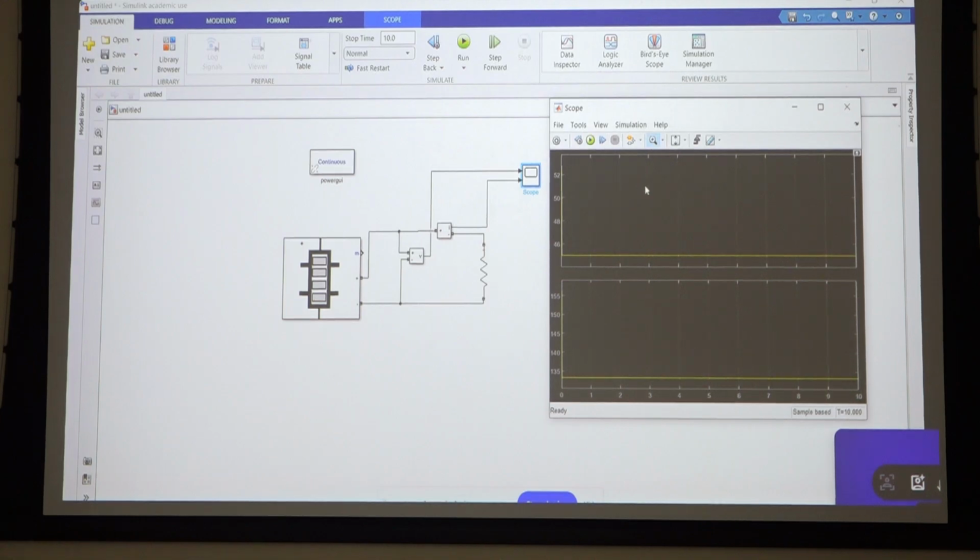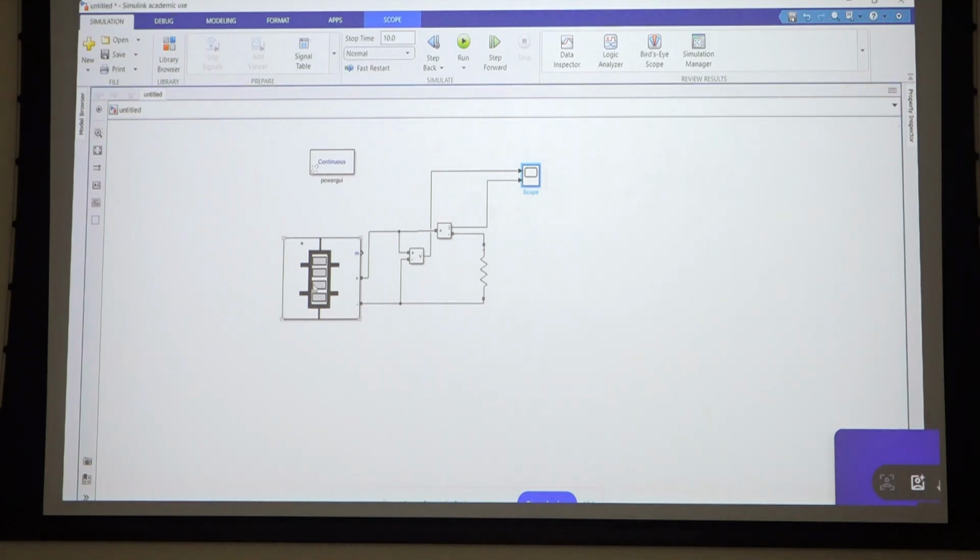If we want to make it bigger, it's the same value. That means the value we are inputting here is 133.3. So this way we can use this fuel cell as one of the DC voltage sources.